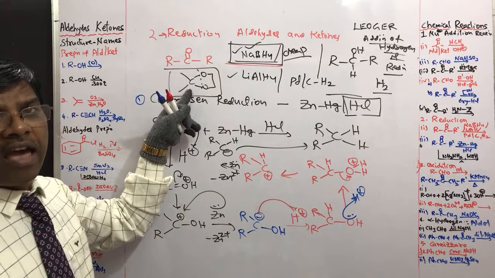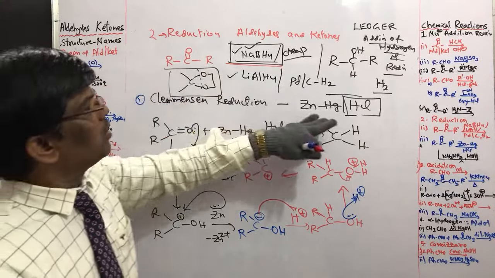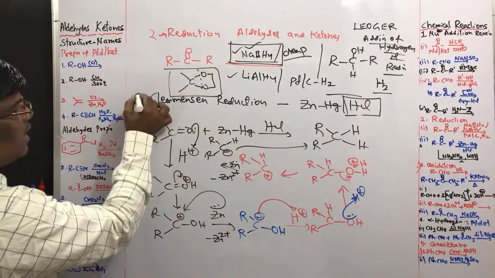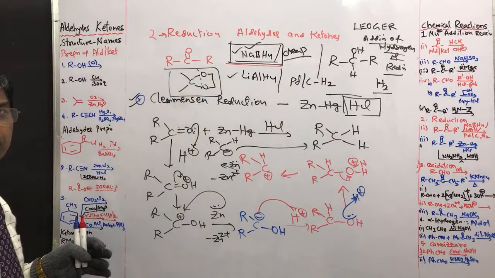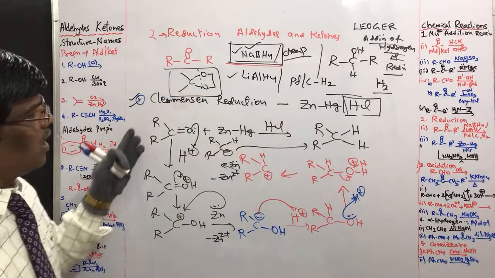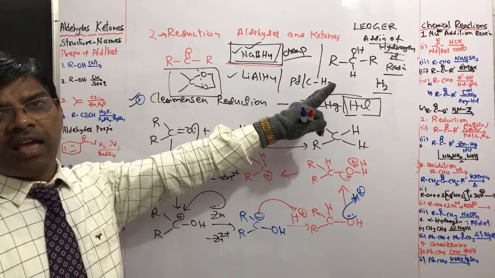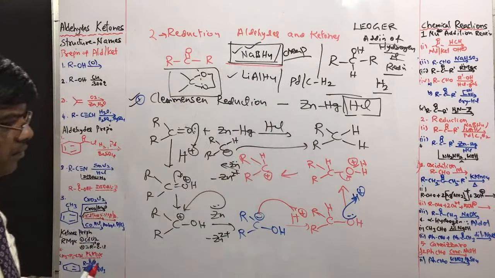When the compound has an acid-sensitive group, it is not useful in the Clemmensen reduction reaction.